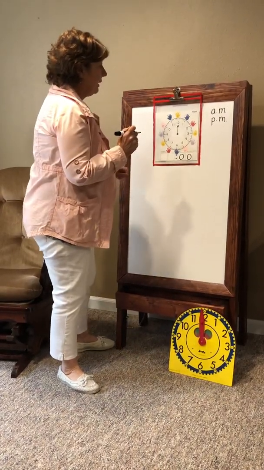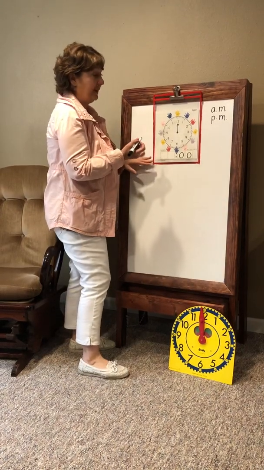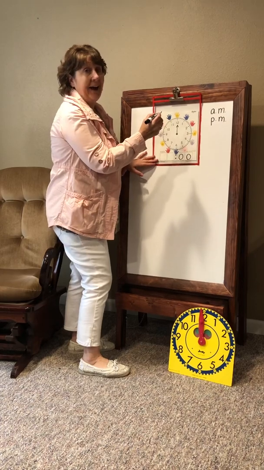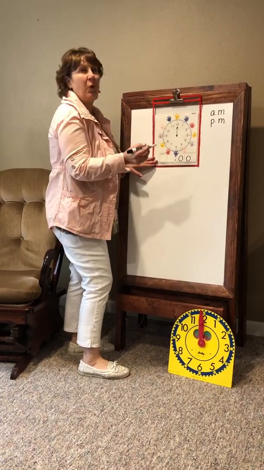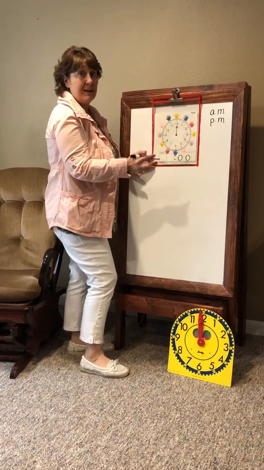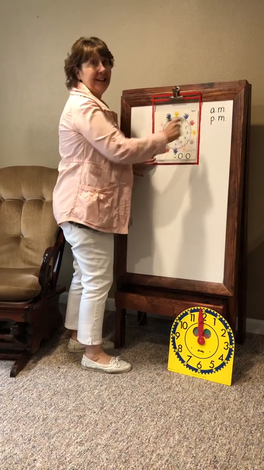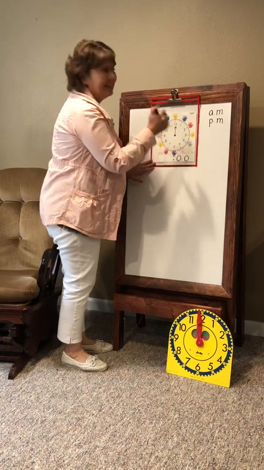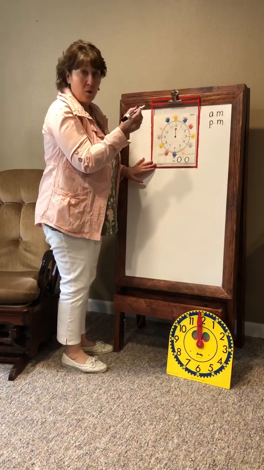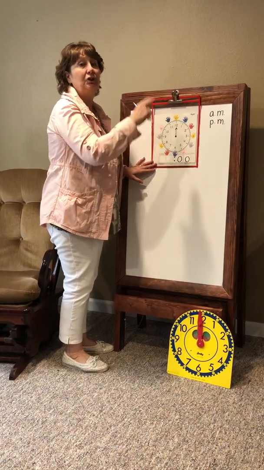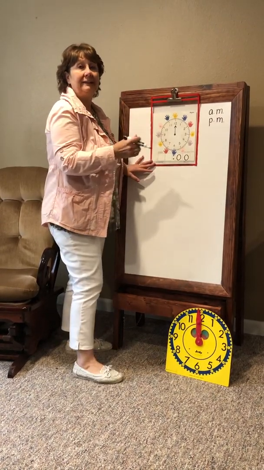We are going to talk about the different times in a day and night, because there's 24 hours. Some of those hours are AM and some are PM. And so this little short hour hand is going to go around the clock 2 times during the day and night.